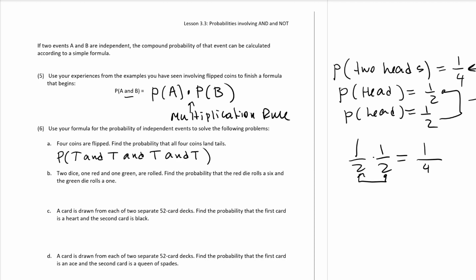So using the notion of probability, there are 4 events. Whether it's 4, 5, 6, a million events, it doesn't matter. If they're independent, then to find the probability, we have to multiply the probability of each event.